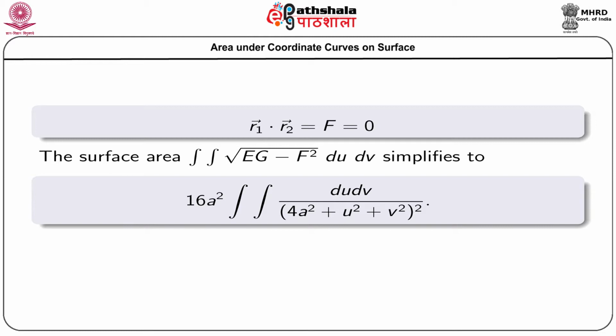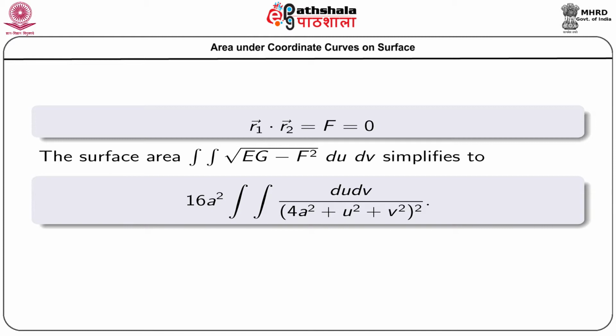So, if the limits are given now, we can find the value of this integral, and if we can find the value of this integral, we can find the area under the parametric curves on the given sphere.